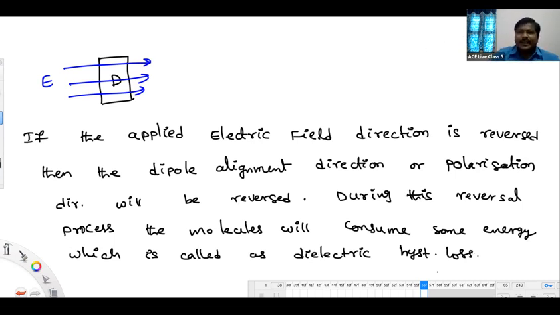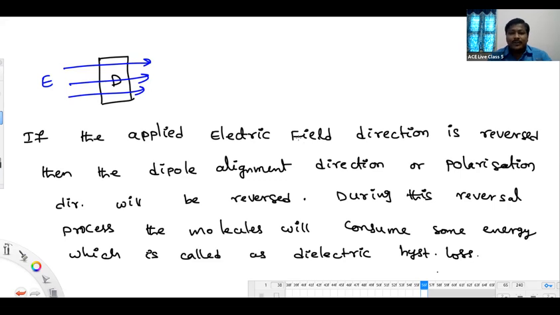From this explanation we have made, who will decide the dielectric loss now? Tell me please. Number of reversals. If the number of reversals is more, obviously hysteresis loss will be more. Who decides the number of reversals? Frequency of operation.